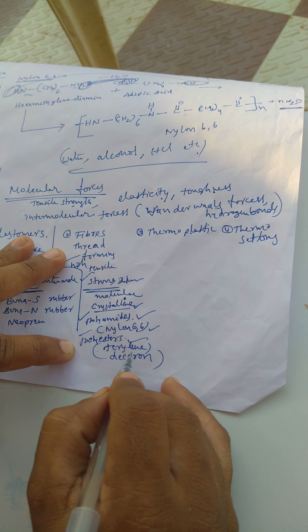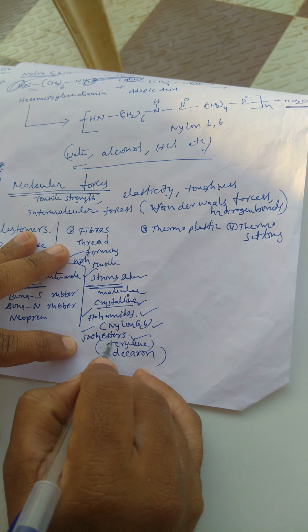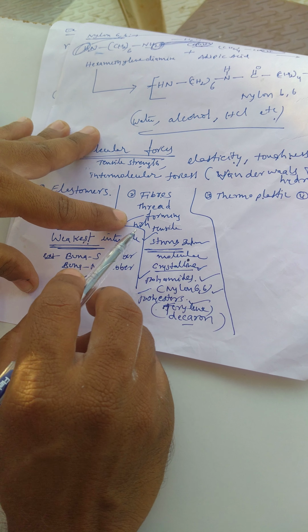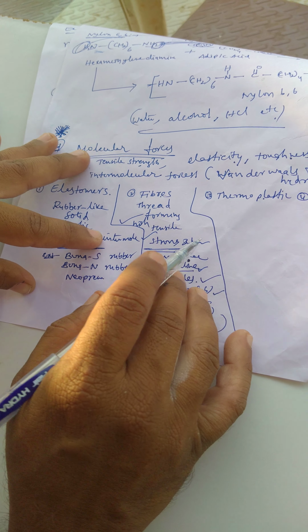In polyesters, terylene or Decron. This comes under fibers. Very simple, children. Elastomers means rubber-like solids with elastic properties having weakest intermolecular forces. Fibers means thread-like forming, having high tensile strength and strong intermolecular forces.